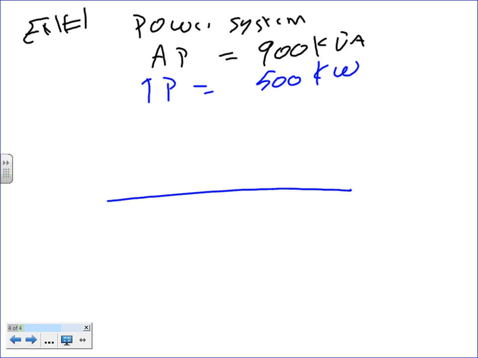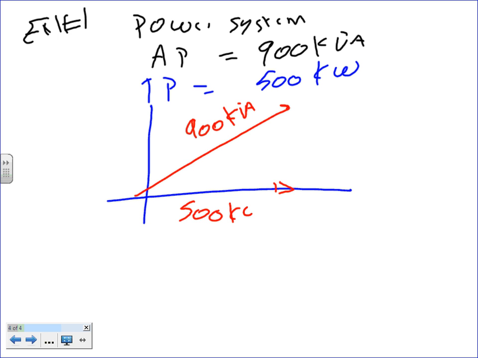So let's draw the power triangle here. Here's my apparent power. This is the 900 kVA. This one is the 500 kW, and I need to find the reactive power.